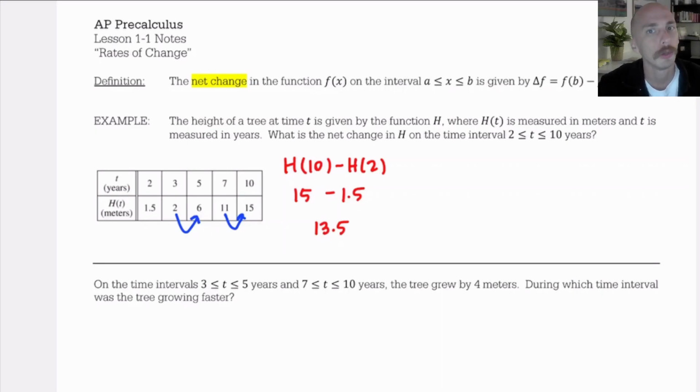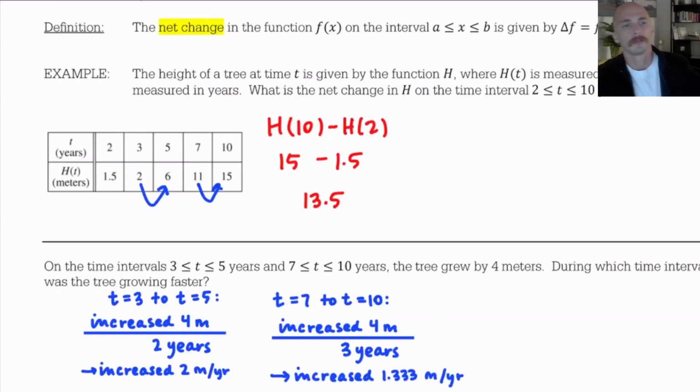But what we were really doing there was we were taking those 4 meters of growth and we were dividing them by the length of time it took. And since we divided by a lower number, we got a higher rate of change. What we were really doing was taking an average rate of change. If we divide the increase of 4 meters by 2 years, we're seeing an increase of 2 meters per year.